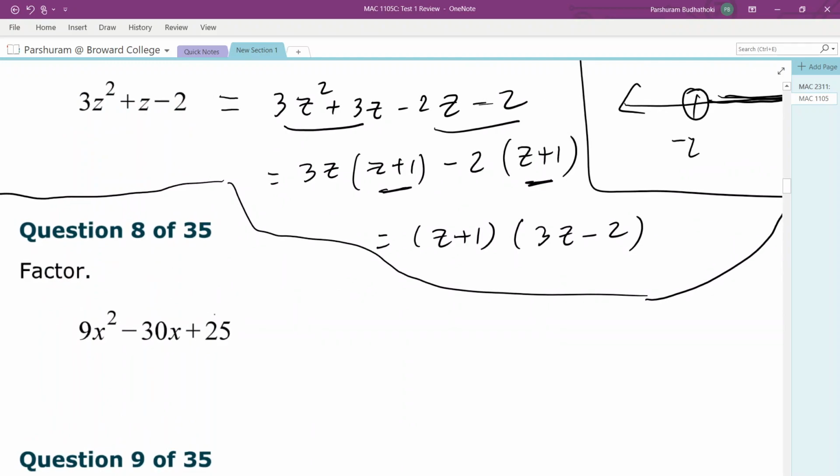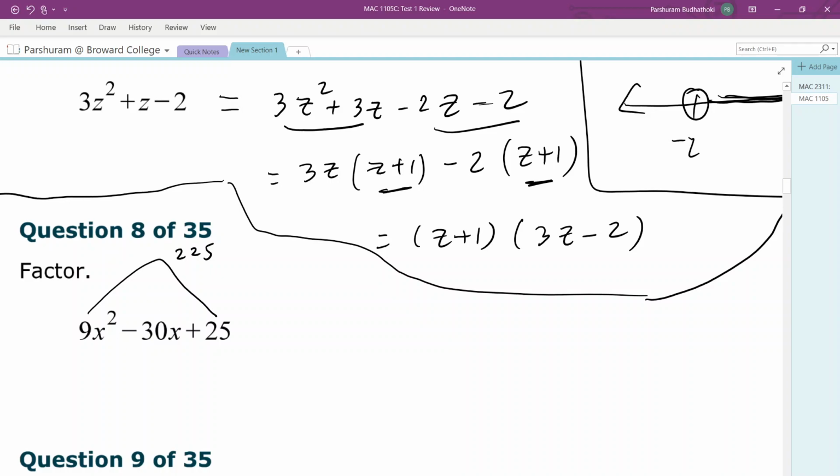We can multiply 9 and 25. 9 times 5 is 45. Let me just find out. It's 225. So 9 times 25 is 225. And now we need to find the factors of 225 such that the sum would be negative 30.